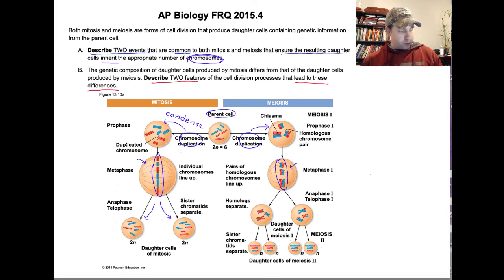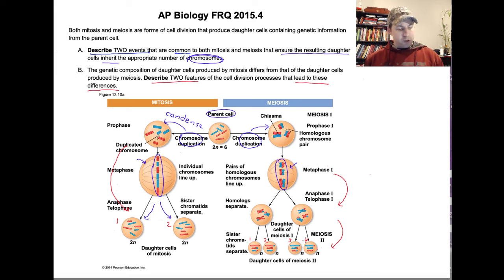So we're going to take one cell and generate two offspring. Meiosis, on the other hand, is a series of two cell divisions. We have meiosis 1, followed by a second round of division in meiosis 2. That's going to yield us 1, 2, 3, 4 offspring. Another difference is how those cells compare to the original parent cell.